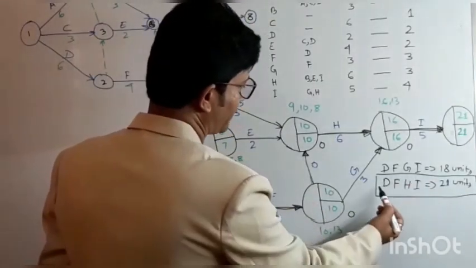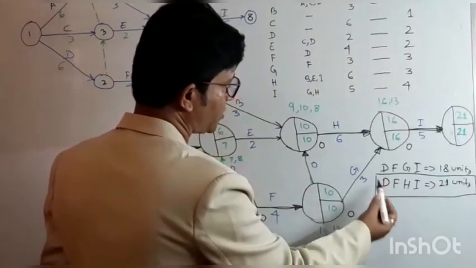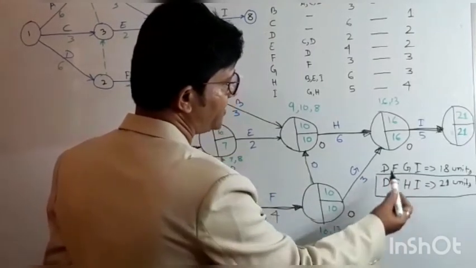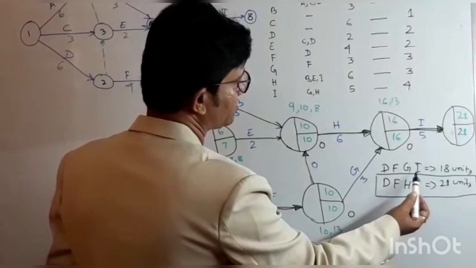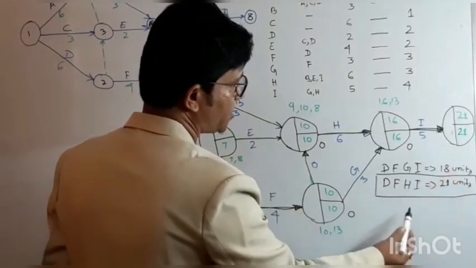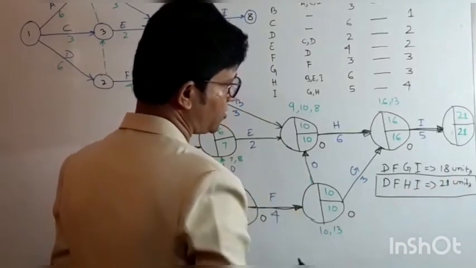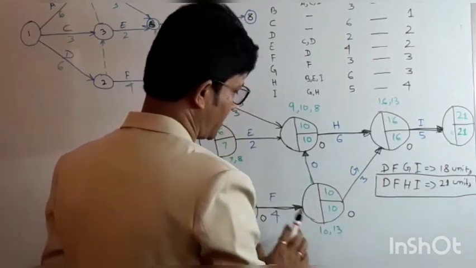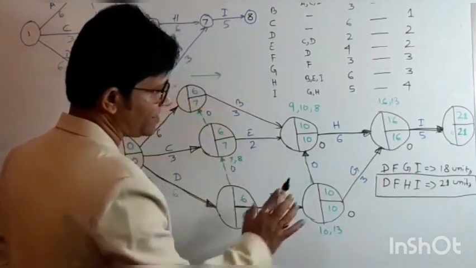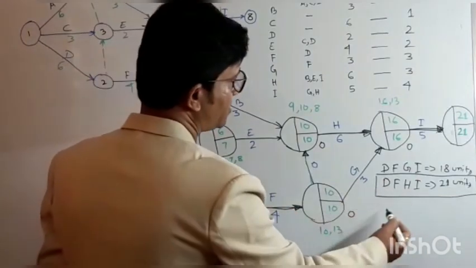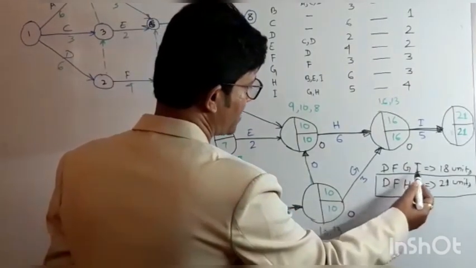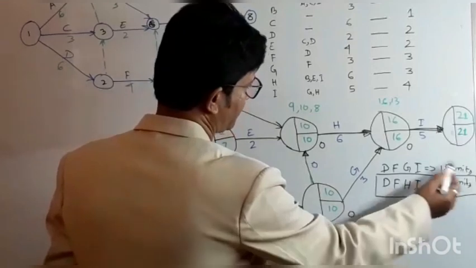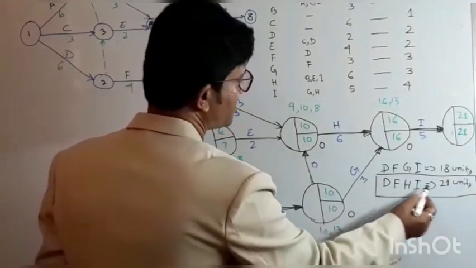Instead of taking DFHI, one can also take DFGI, and in that case the duration will be 18 units instead of 21 units. So this may cause confusion, and the entire scenario will change if instead of DFHI you take DFGI and declare that DFGI is the critical path. Actually, DFHI is the critical path.